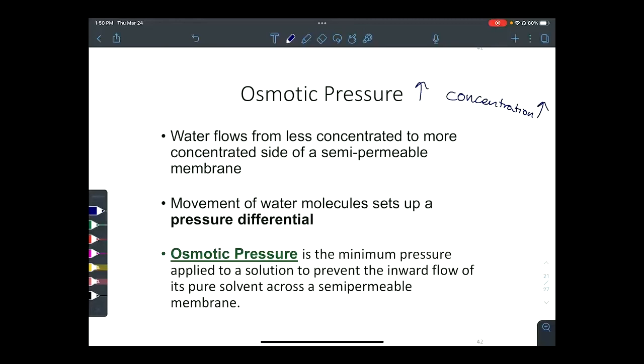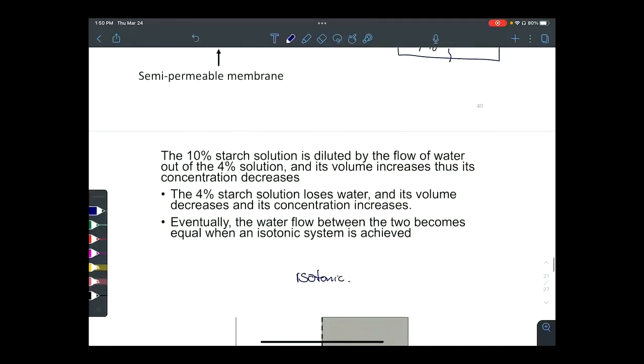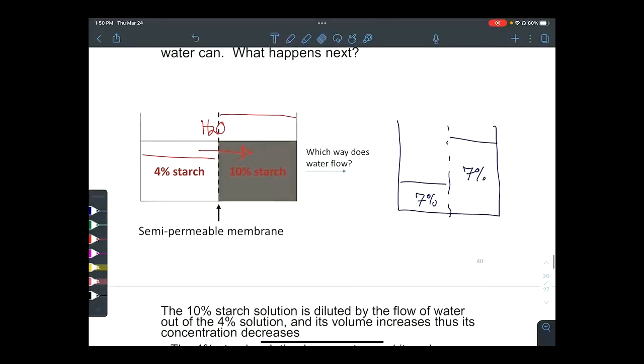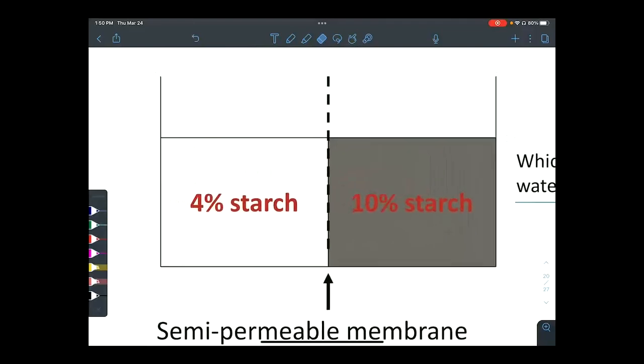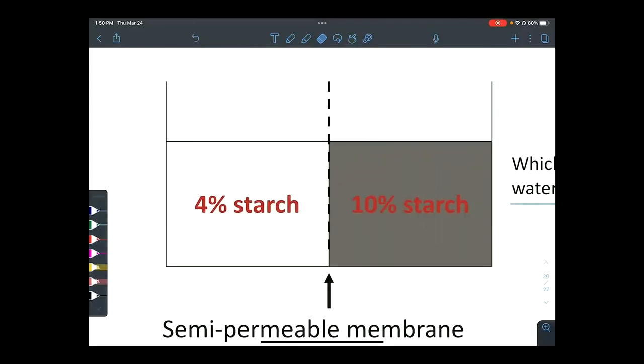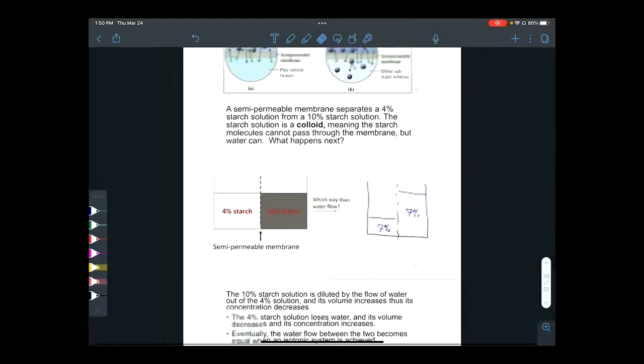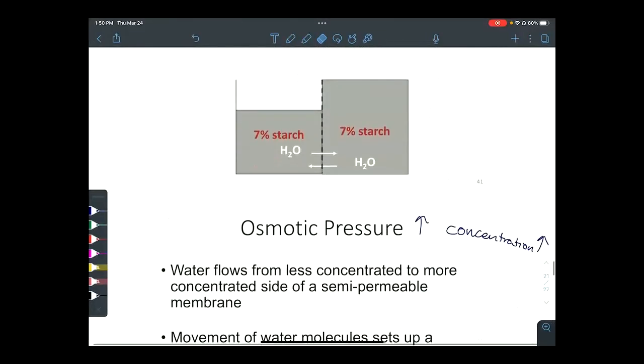So this idea, osmotic pressure, if I go back to this picture up here, which side of the container exerts a higher osmotic pressure? The 4% or the 10%? Let's go back to the definition. Osmotic pressure increases when concentration increases.